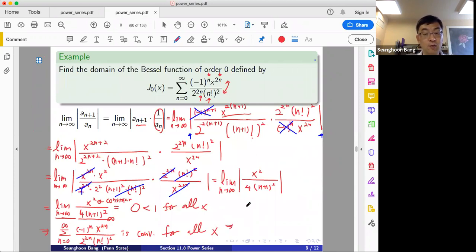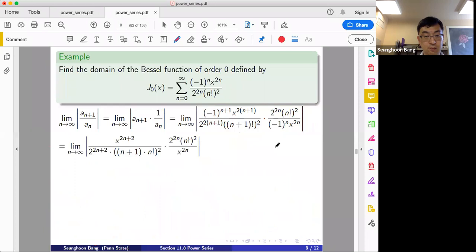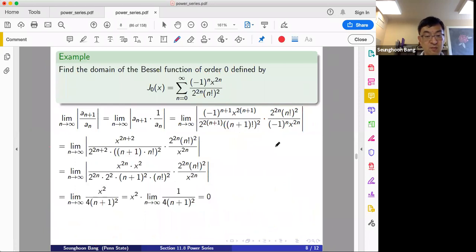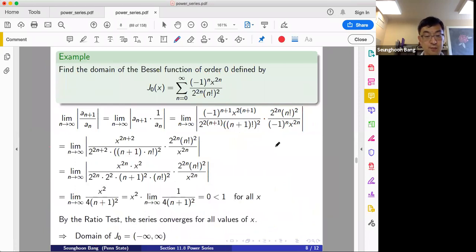The domain of the function J0(x) is all real numbers. That's the answer to this question. Yes, the domain of J0 is all real numbers.